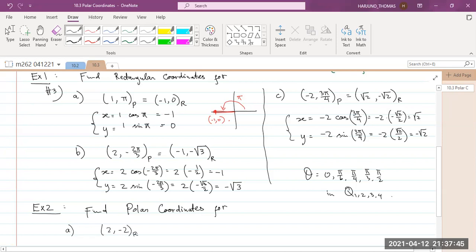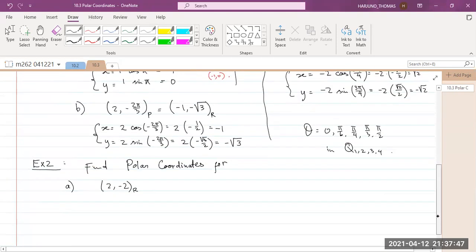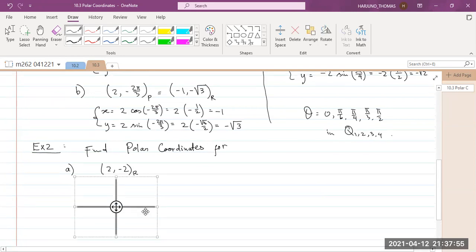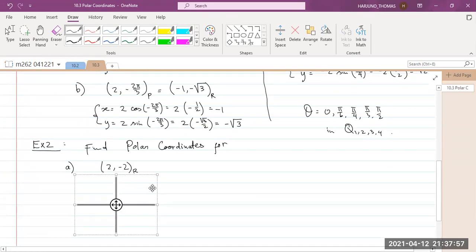That's in rectangular, right? Let me show you first what we can do. 2, comma, negative 2 is approximately here. The distance from the origin is 2 radical 2. You can just use the Pythagorean theorem.